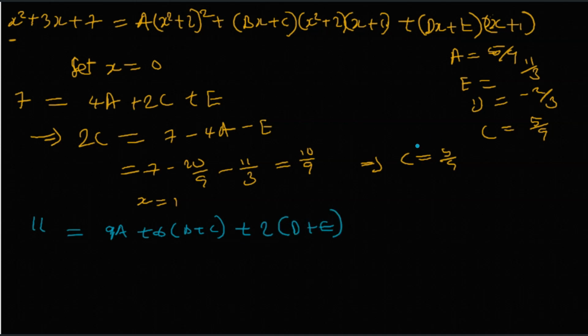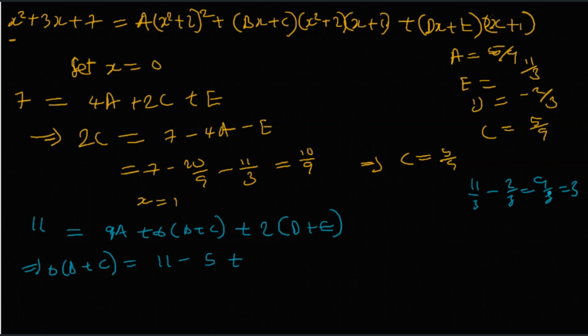Now our goal is to get out what B is. So that means 6B plus C would be 11 minus 9A, which would be 5, obviously, minus 2D plus E. D plus E added up together will give us 9 over 3. 11 over 3 minus 2 over 3 is 9 over 3.